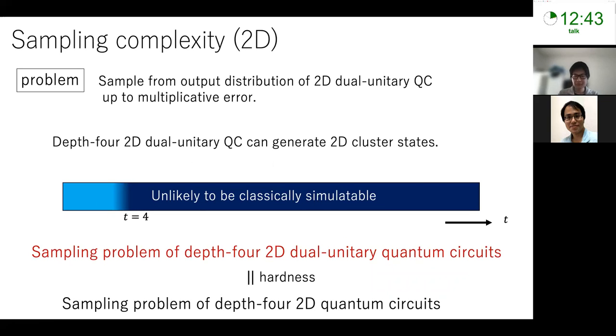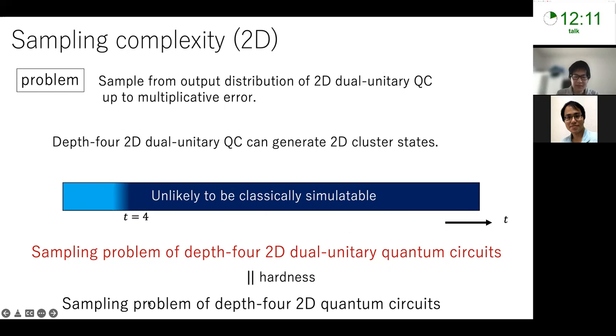And we also consider sampling complexity in this case. And this problem is simpler than 1D cases because we can simply generate 2D cluster state by using 2D dual unitary quantum circuit. And interestingly, we can generate 2D cluster state in time 4, or depth 4.